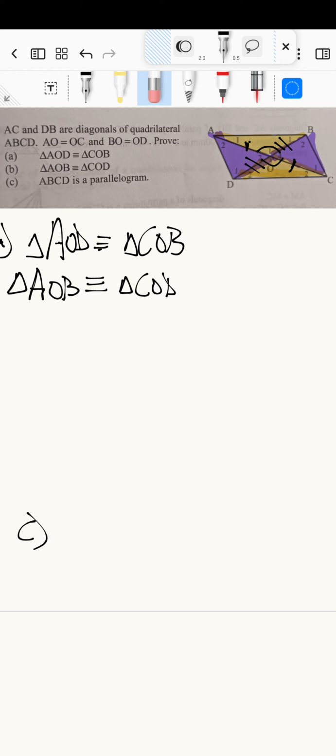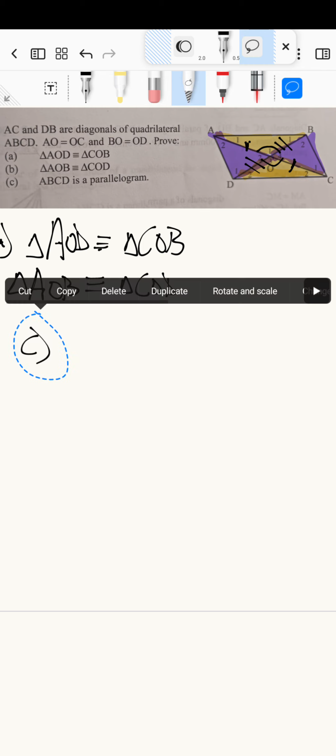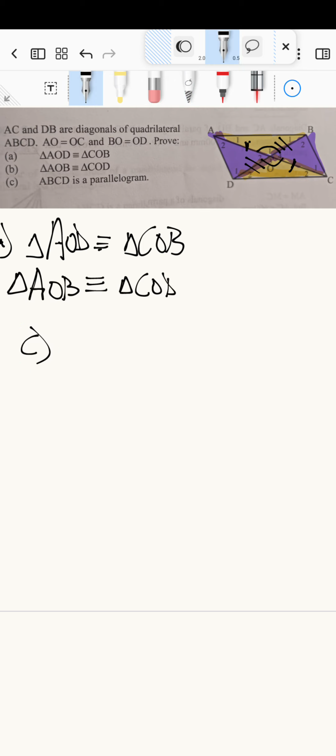So for C, we want to be able to prove the parallelogram. In order to prove a parallelogram, there are 3 theorems. Theorem 1 tells us that if you have a quadrilateral, so there are 4 sides, and you can prove one of 3 things. Number 1, if you can prove that opposite sides are equal, then that shape, without a doubt, is a parallelogram.